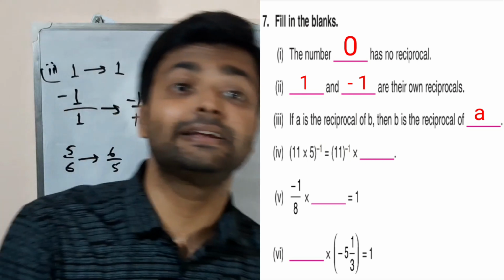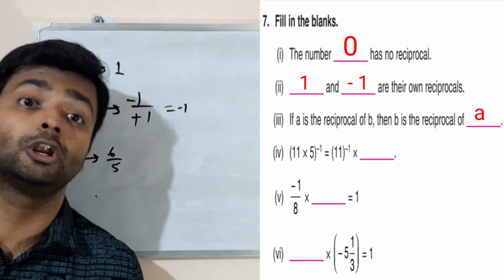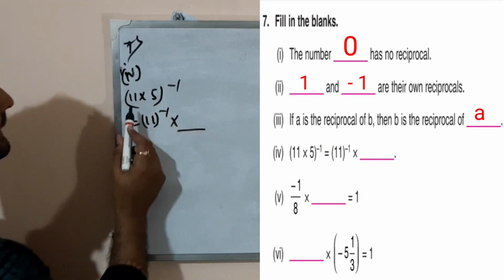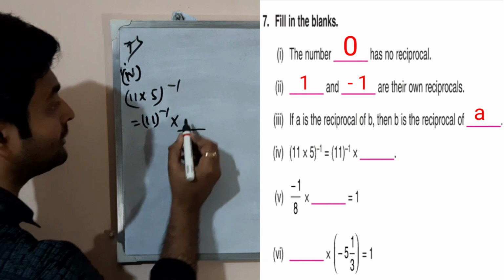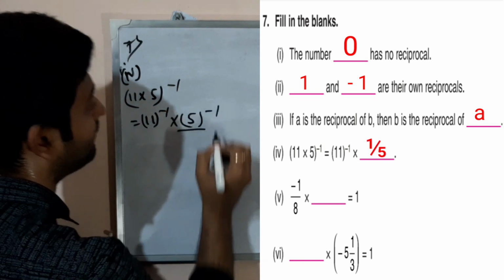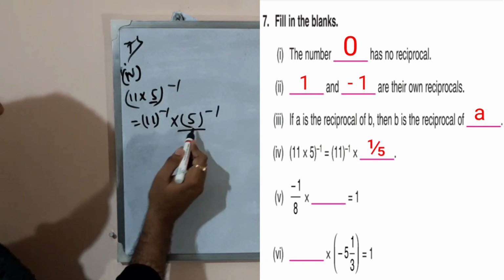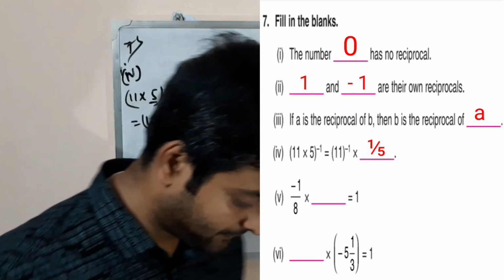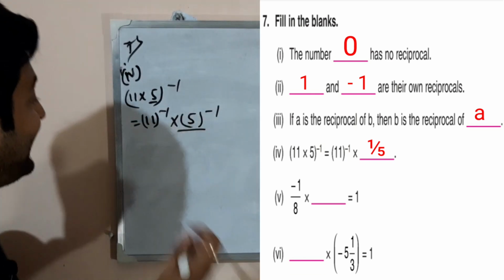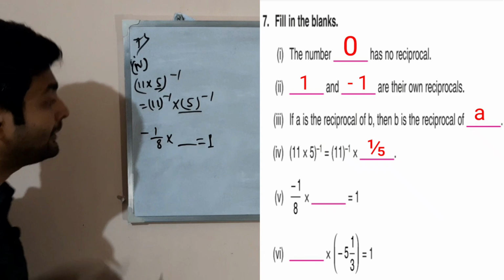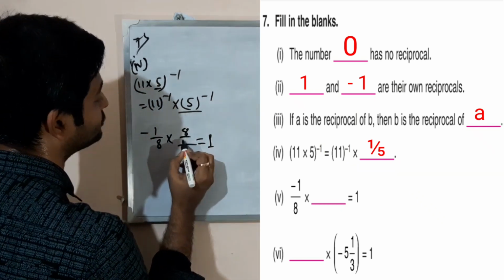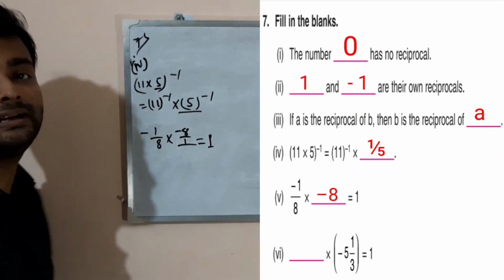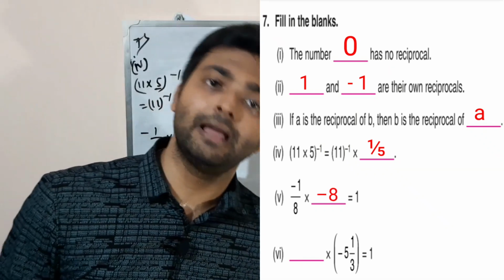So if A is the reciprocal of B, then B is the reciprocal of A. That 11 into 5 whole to the power inverse equals 11 to the power minus 1 into 5 to the power minus 1. This number I have to write over here. Okay. Next, minus 1 by 8. Definitely we have to write the reciprocal of minus 1 by 8, that is 8 by minus 1, which can be written as minus 8. So minus 8 is the answer.